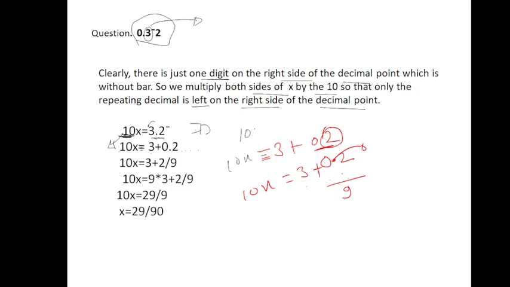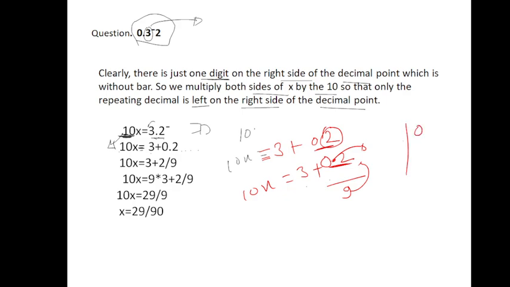Why put only 9 in the denominator? Actually it is according to how many digits are after the decimal. In this scenario only one digit is after the decimal, so that's why we have to put only 9 in the denominator.